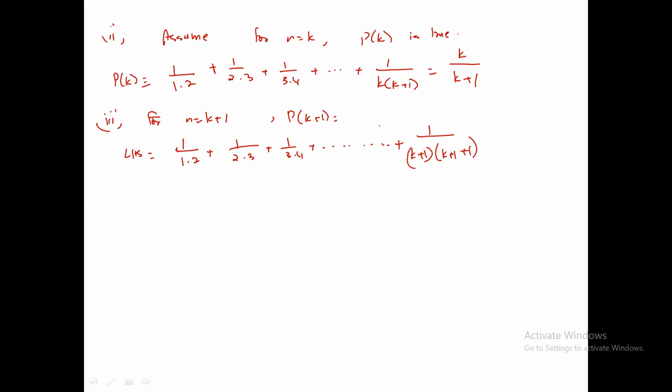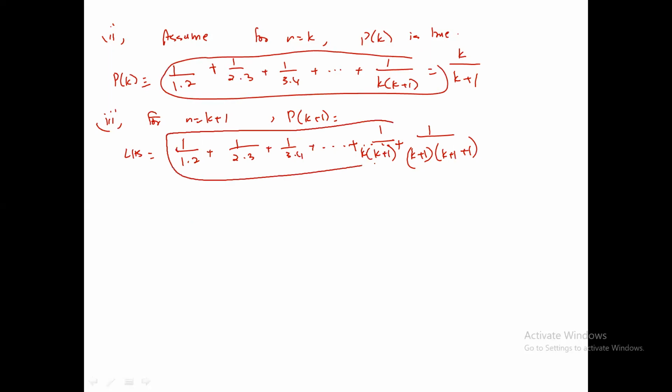But before this I have to put n as k: 1 by k into k plus 1. But from P of k, this entire thing can be written as k by k plus 1. Then I have plus the last one, 1 by k plus 1 into k plus 2.